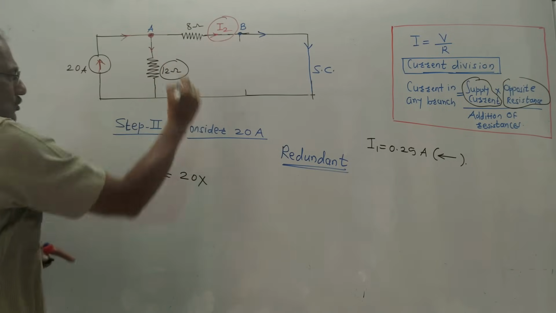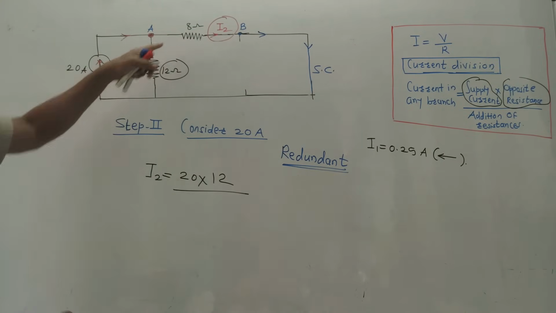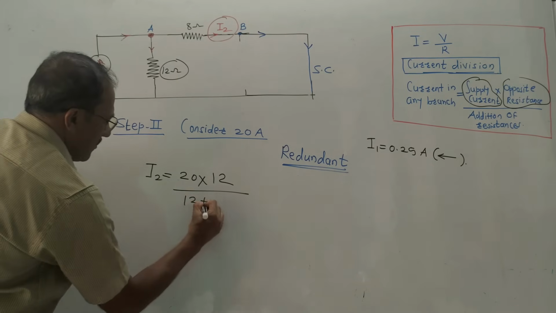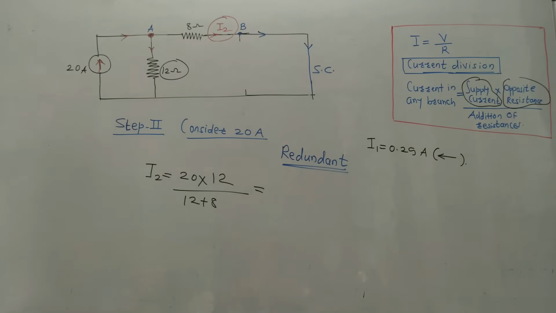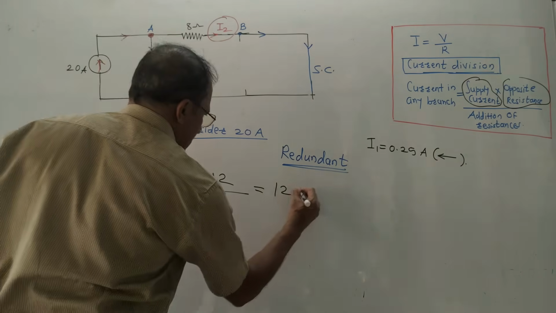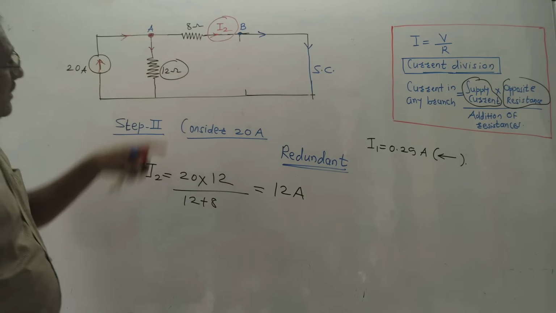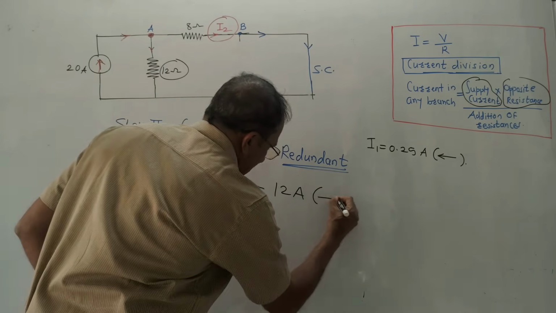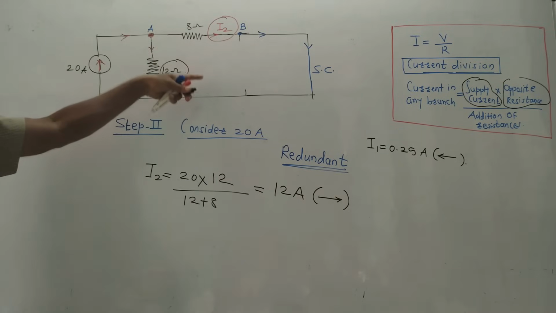That is 12 ohm. So this is the opposite resistance divided by the addition of resistances, that is 12 plus 8. 12 plus 8 is 20. So just perform the calculation. This answer will be 12 amperes. What about the arrow? Look at the diagram. The arrow is from LHS to RHS like this, as shown in this diagram.